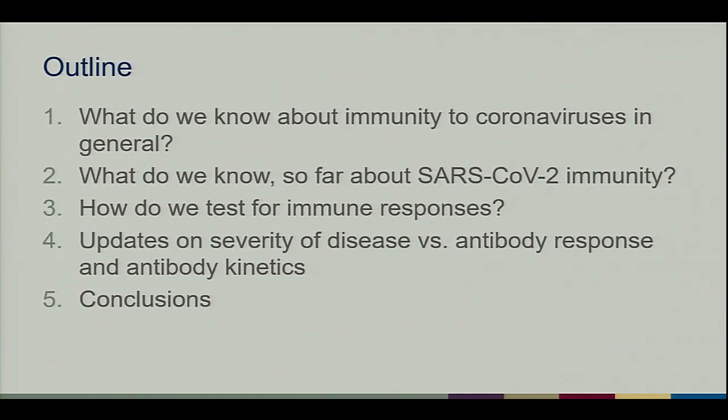I will touch briefly on how we test for antibody immune responses to SARS-CoV-2, and I'm only talking about antibody responses today. I will give you some brief updates on severity of disease and antibody responses and antibody kinetics that were recently published in the past 2 to 3 weeks, and then I will touch on some conclusions. Next slide, please.